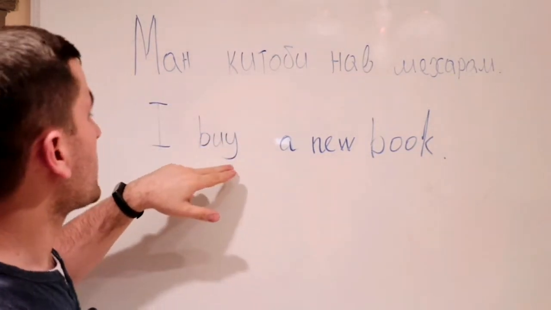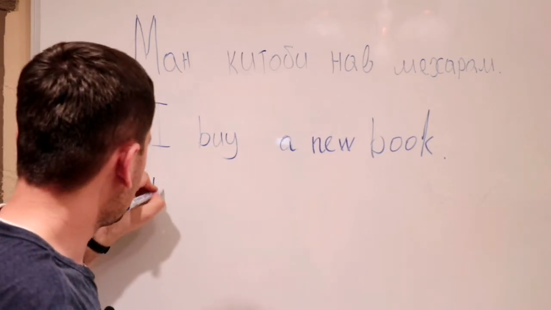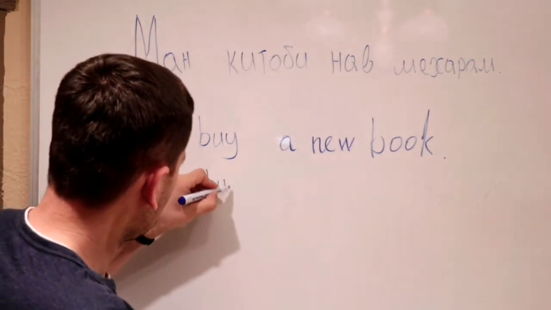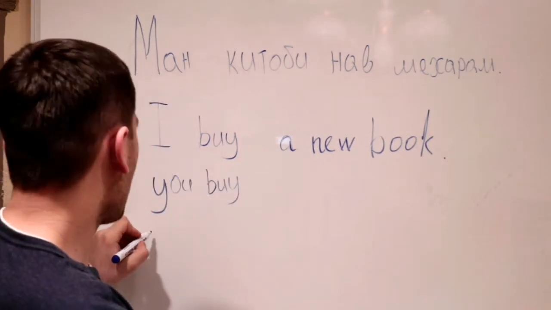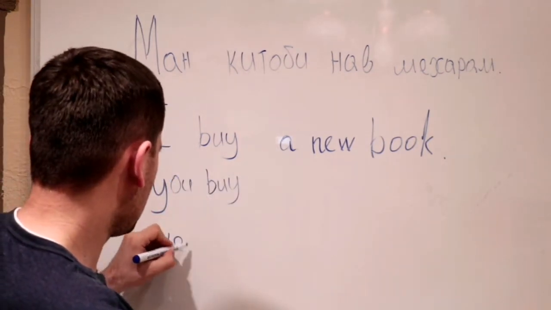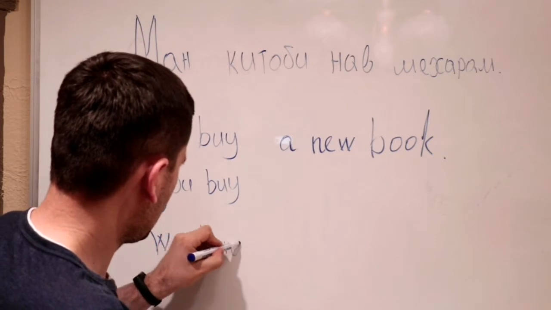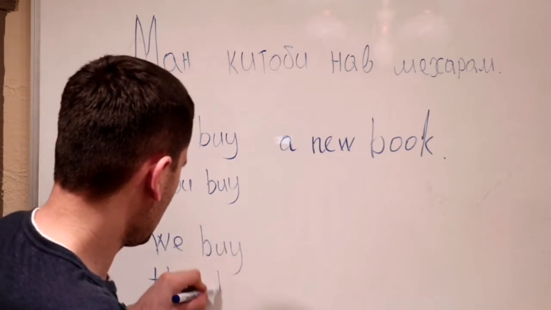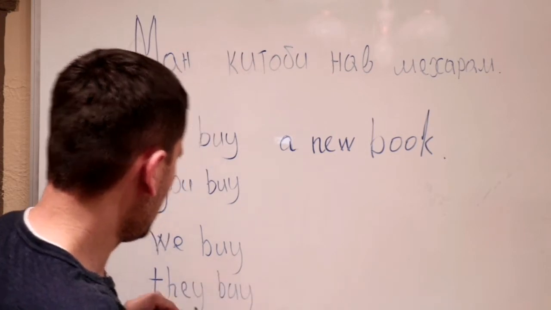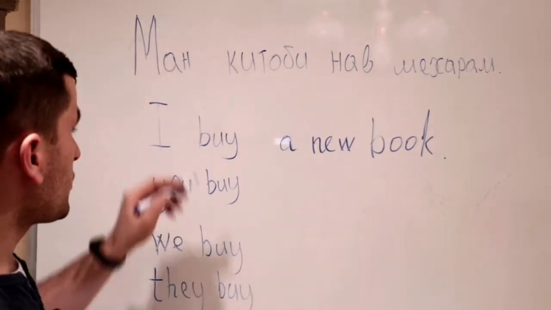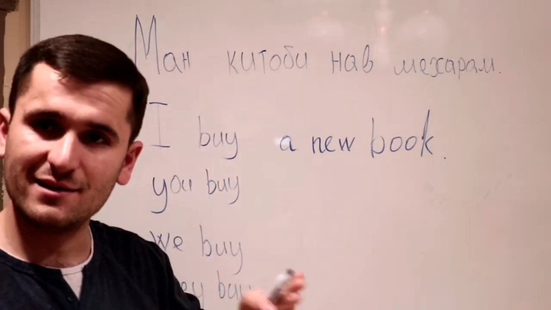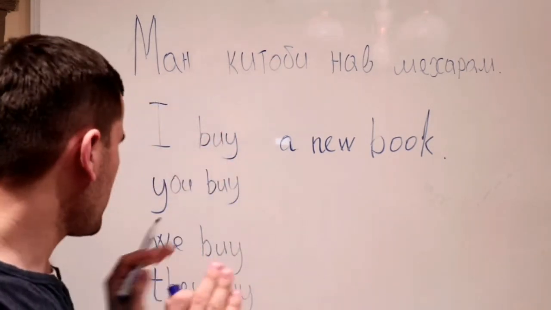But in English, we can use I buy, you buy, we buy, they buy. So you see, no changes. The verb will stay as it is in its origin, but only in one situation.